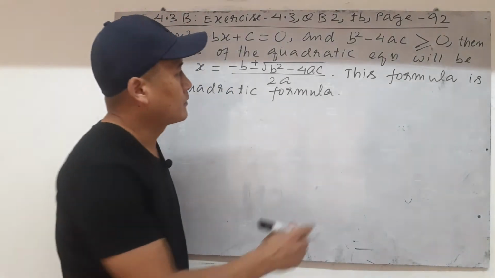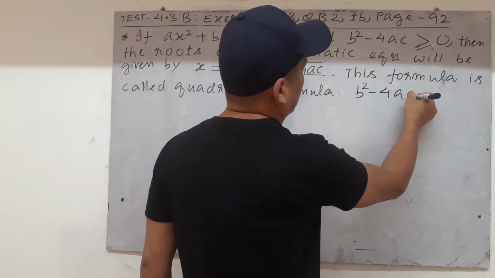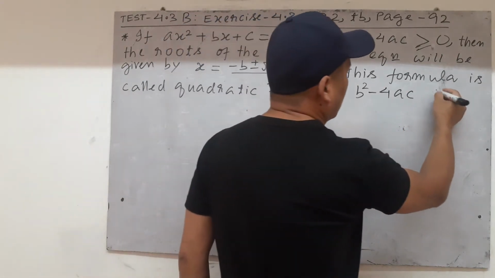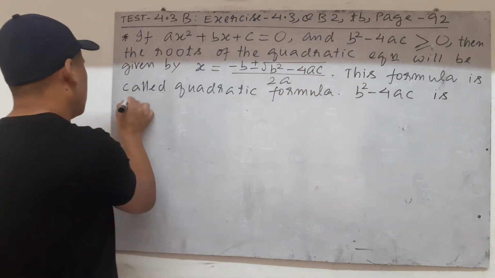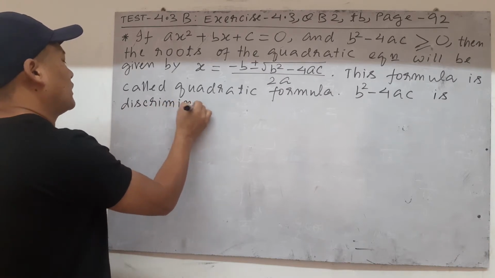And then this one here, b squared minus 4ac, is called discriminant. Okay, discriminant. Write the spelling correctly.